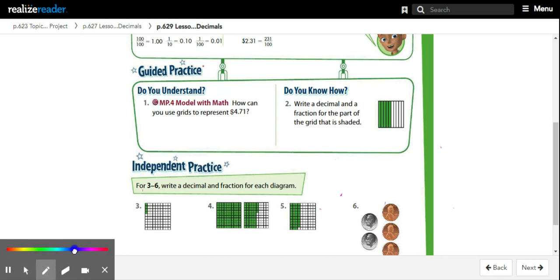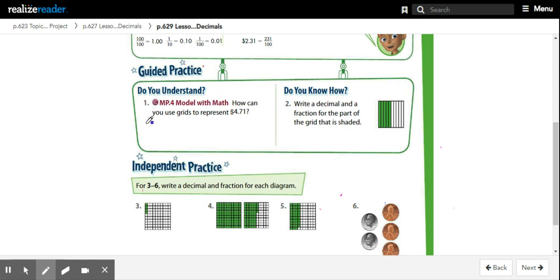Okay, so how can we use grids to represent $4.71? Okay, so I'm just going to use bars, squares, and dots to represent it. My bar is going to equal my dollar. My square will equal my tenths, and my dots will equal my hundredths or my pennies.